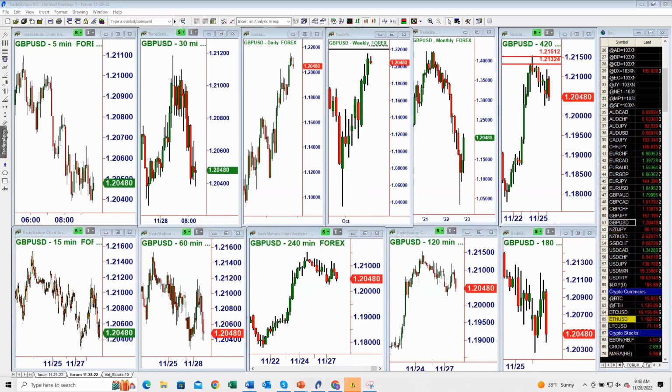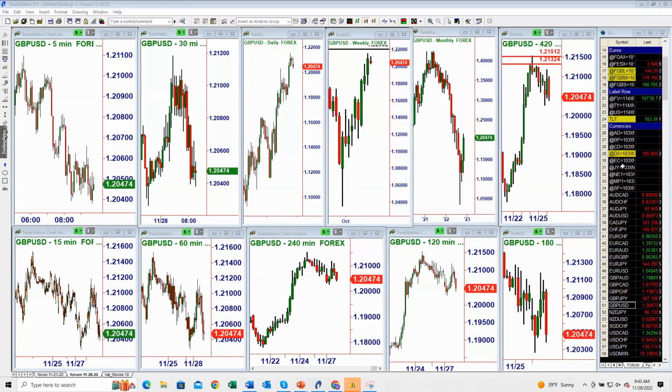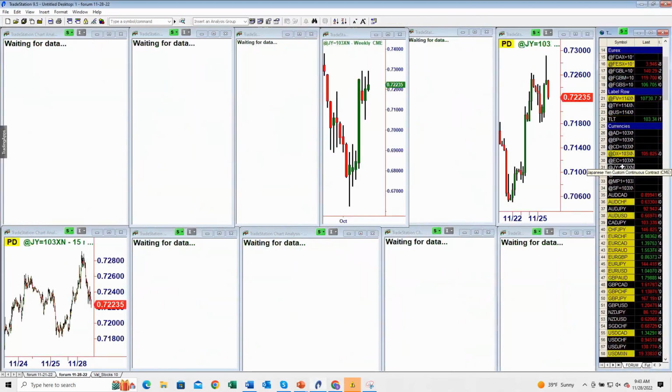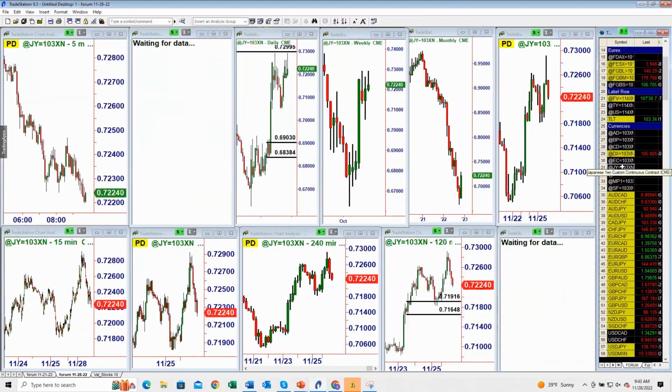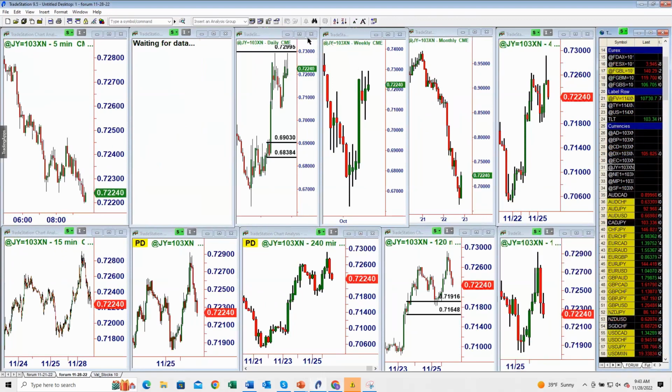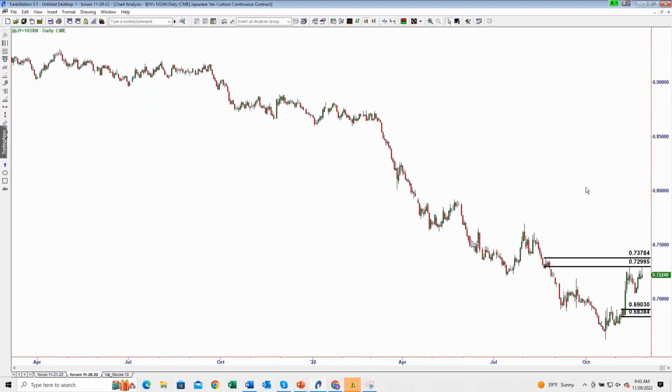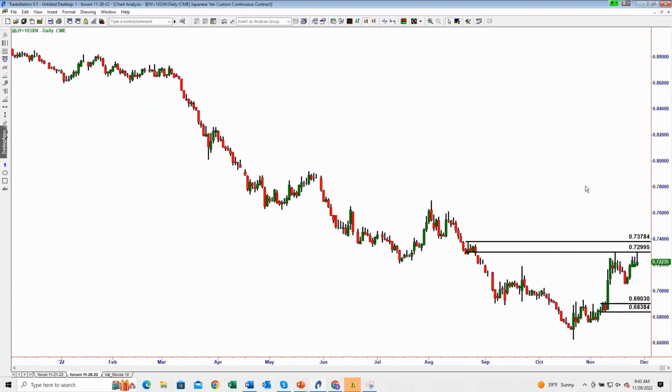Moving on, let's go to the yen, and we'll start with the yen futures. So we keep coming up to our larger time frame. This is a daily chart, right? In our sessions, we've gone over this one a few times, but notice price just keeps touching the supply zone above and falling.